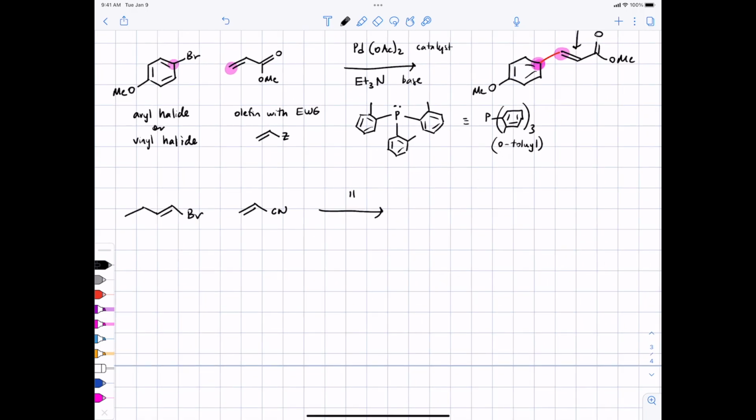As I said, the new bond that you form is preferentially trans with respect to this double bond, but the stereochemistry here of the original vinyl halide is unchanged.